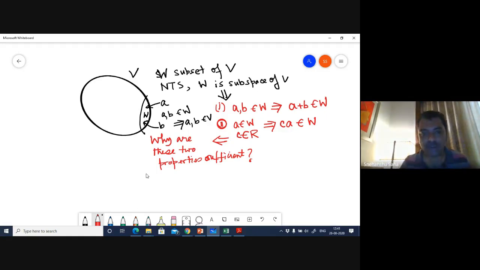Now, there is another question I need to ask: why do we care about subspaces? Why subspaces? Starting from signal processing to machine learning, this is a direct implication.